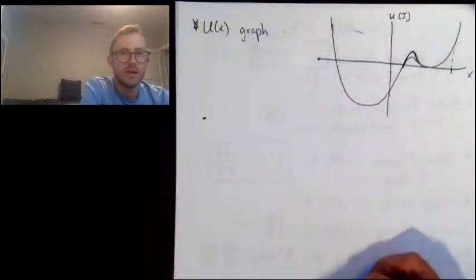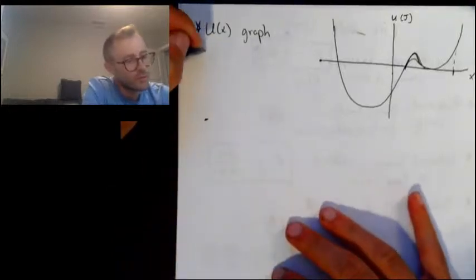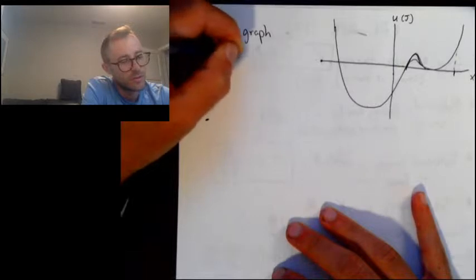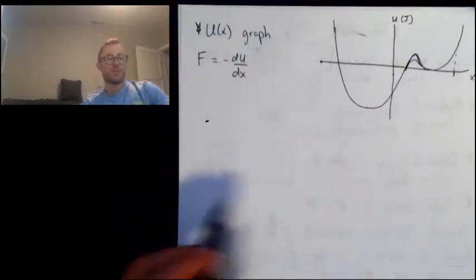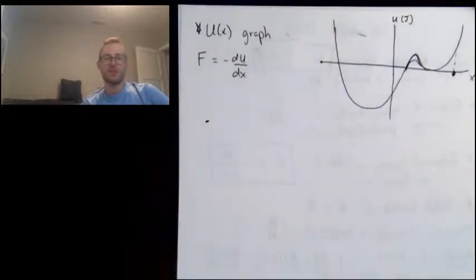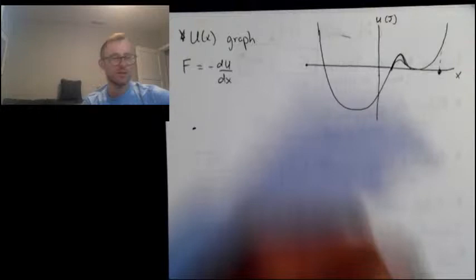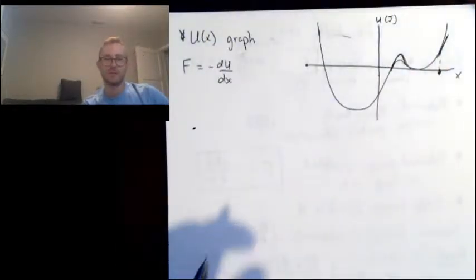Now, how do we interpret this? Well, we use the fact that force is minus dU/dx. So what if we put the particle at this location? At that location, the slope is positive.